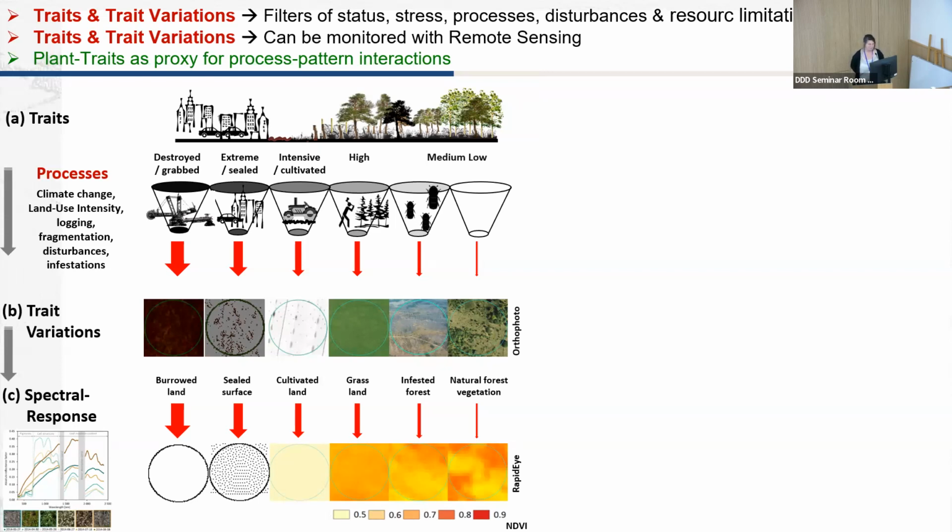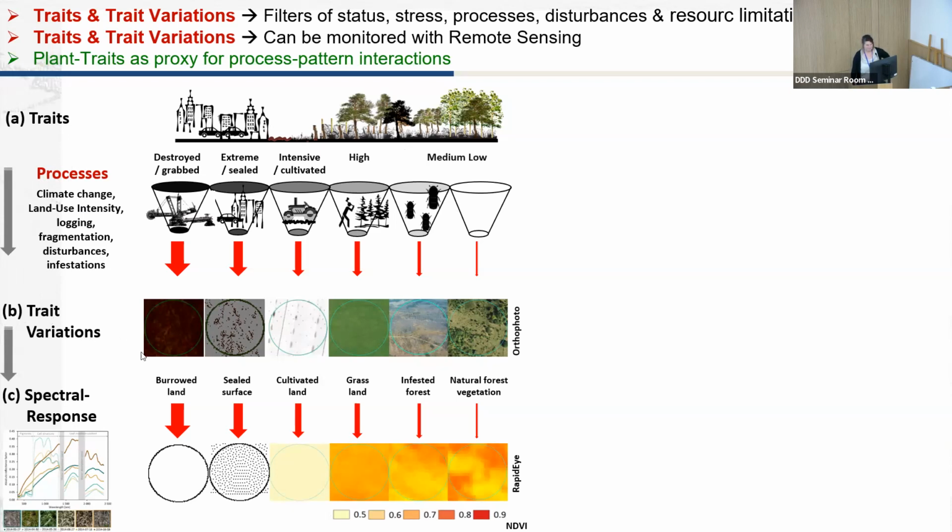And for Europe and for Germany, we use plant traits as a proxy of vegetation traits and their interaction with biodiversity. To measure traits, we have different traits here on the top, we have forests, we have buildings, and depending on the process, climate change, or land use intensity, you have different land use intensity characteristics. You see the trait leading to trait variation.